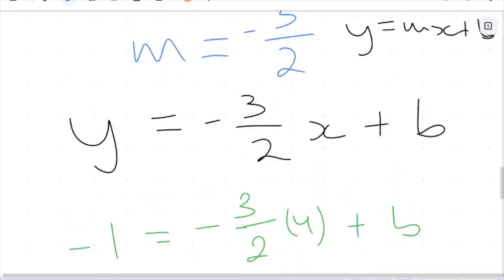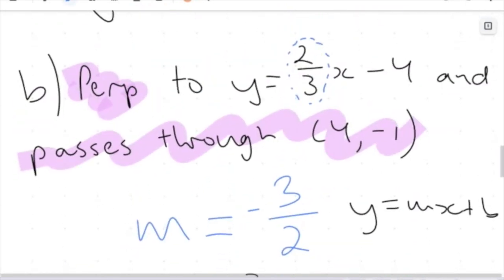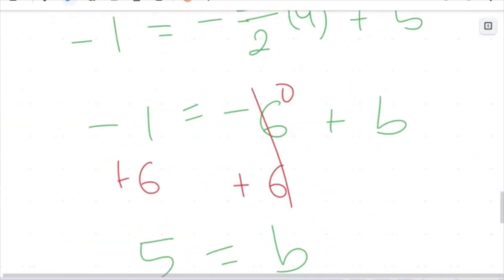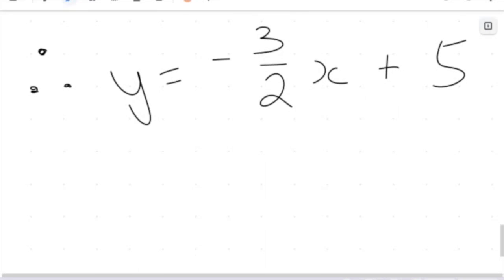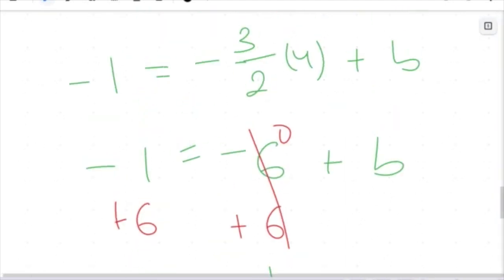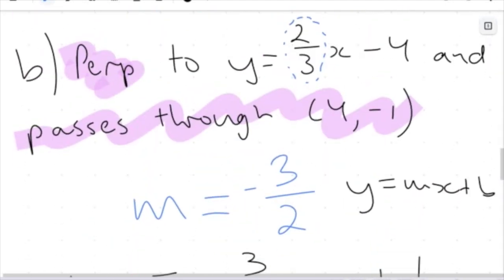Now you can graph these two lines if you'd like, y equals 2 over 3x minus 4 and y equals negative 3 on 2x plus 5, onto Desmos, and you will see that these two are parallel. Sorry, not parallel, these are perpendicular. They're going to cross and meet at 90-degree angles. Now, one major idea that I'm trying to get at here is that we want to be working smarter, not harder.